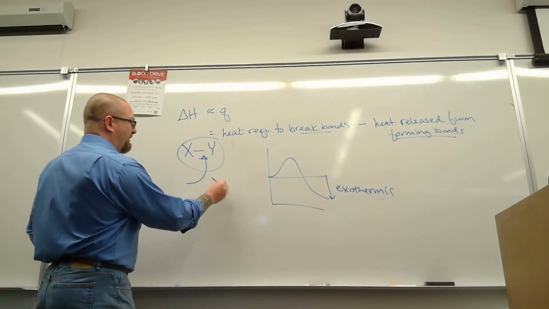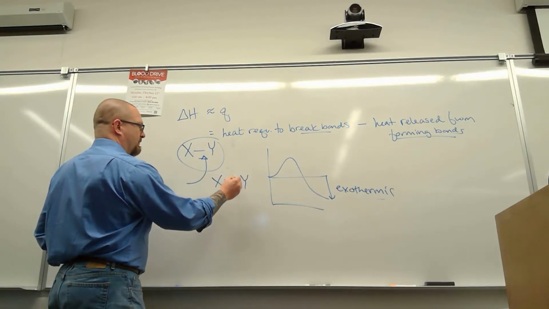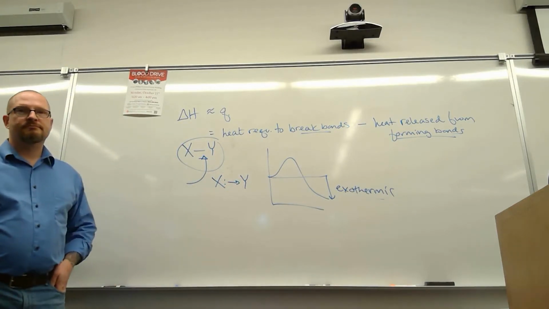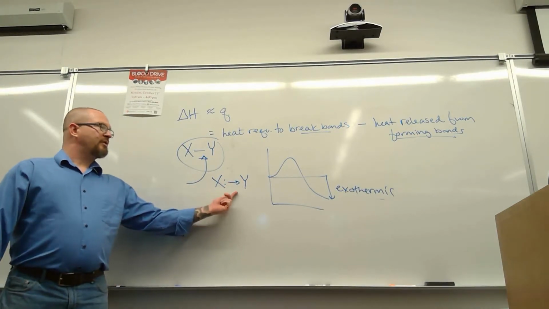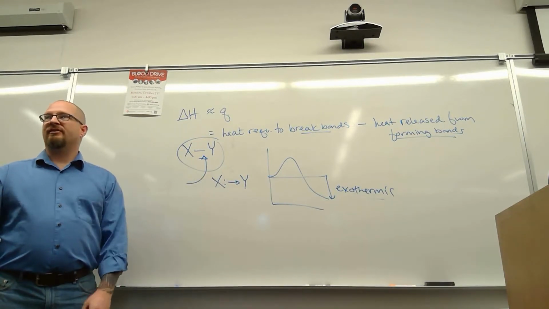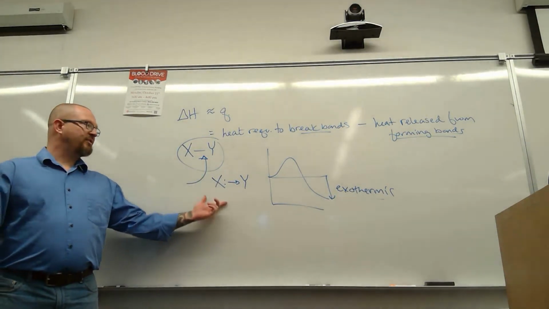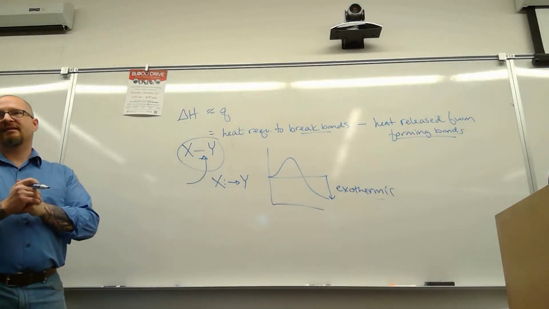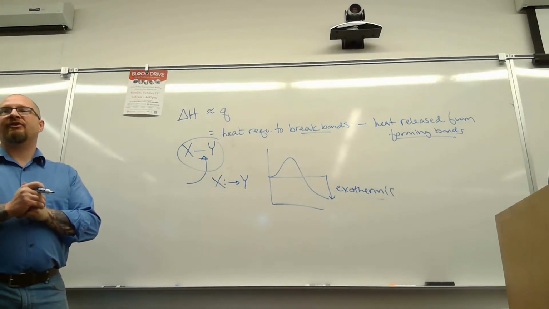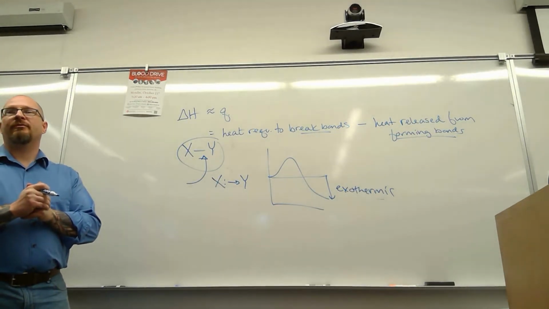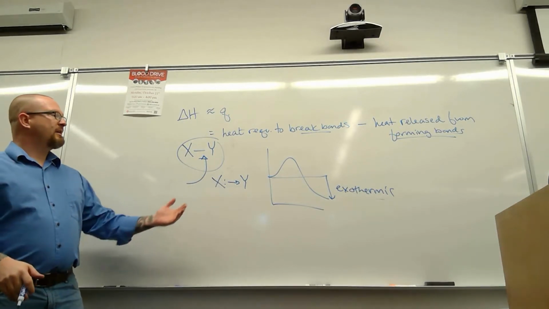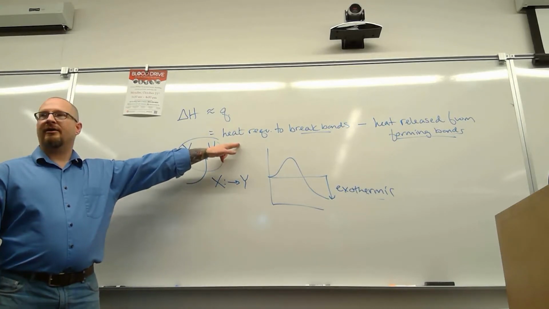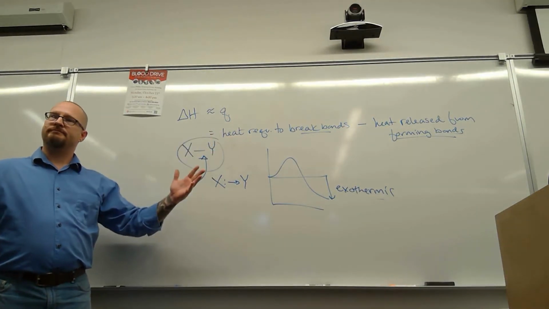Anytime you want to form a bond, formation of that bond will release energy, because the fact that it formed means you went from a less stable system to a more stable system. Forming bonds releases heat. So what makes a reaction favorable in terms of enthalpy versus not is more heat released than required for the whole system.